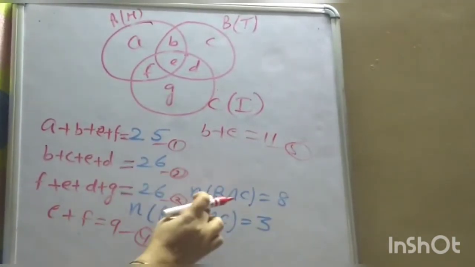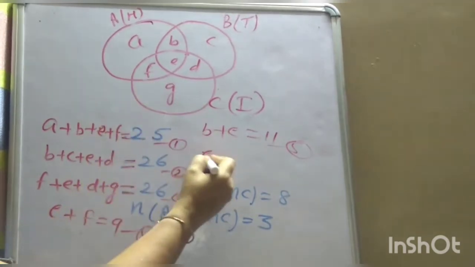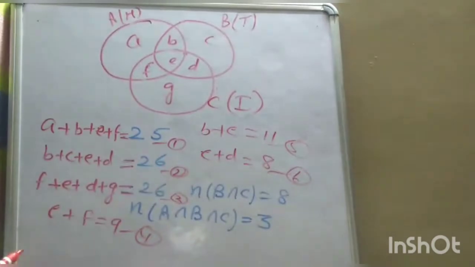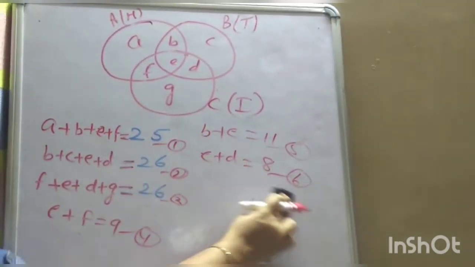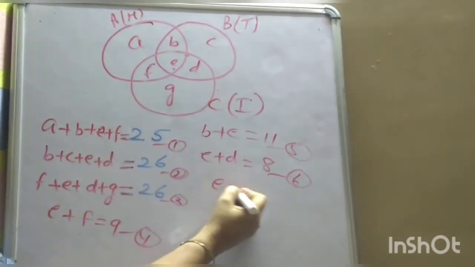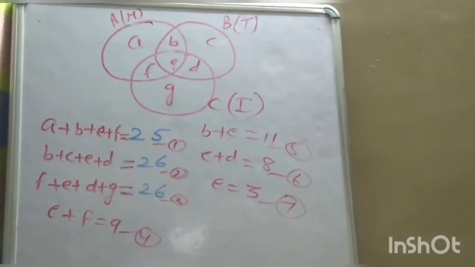Number of elements in B intersection C, it means E plus D is equal to 8. This is equation number 6. Number of elements in A intersection B intersection C, it means E is equal to 3. This is equation number 7.